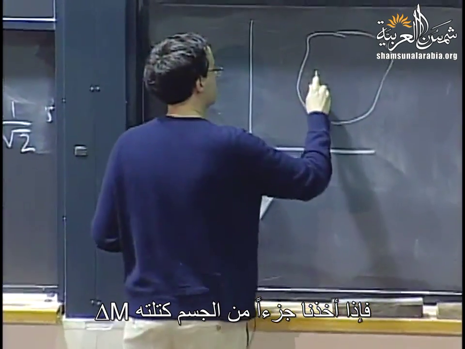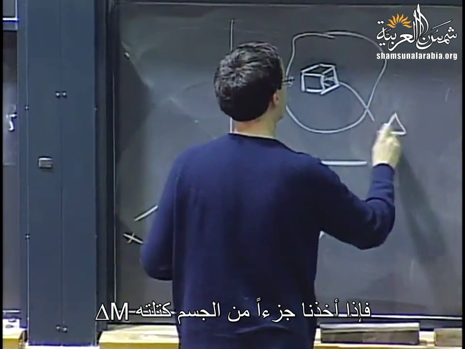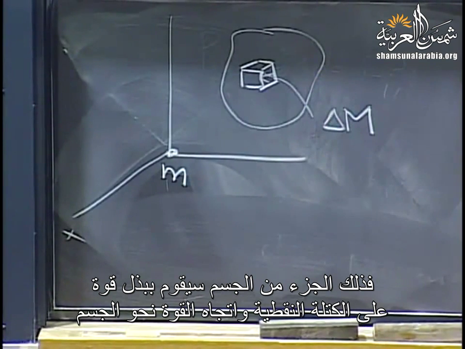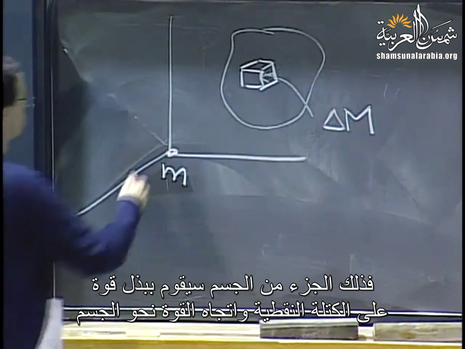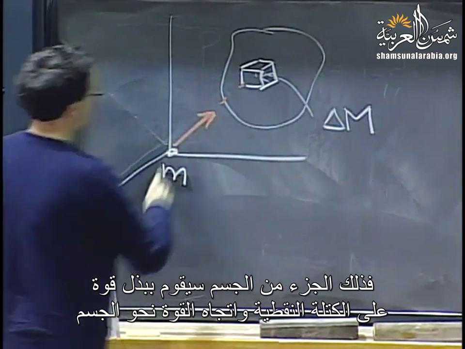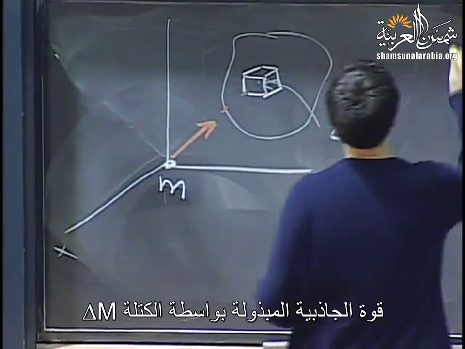Well, so then if I take a small piece of it with a mass delta m, then that portion of the solid exerts a force on me, which is going to be directed towards it, and will have intensity. So let's see.